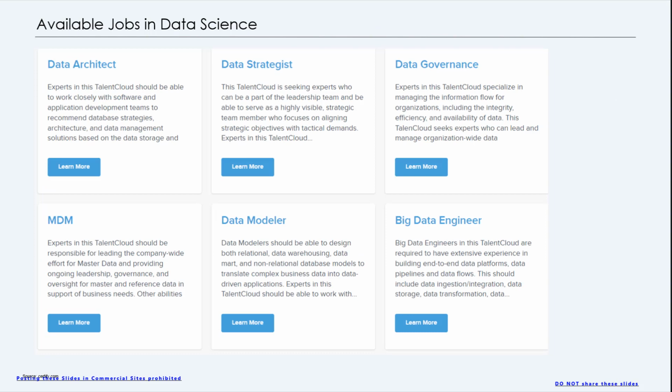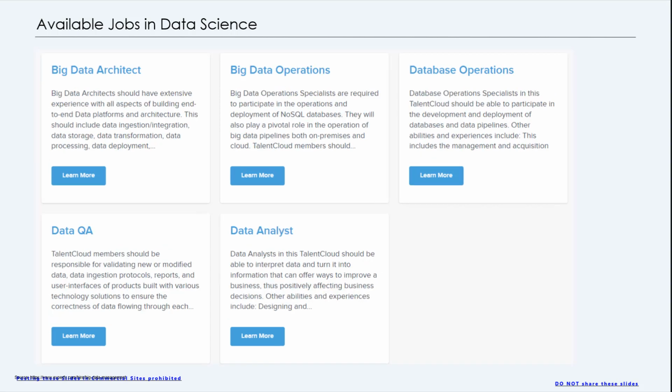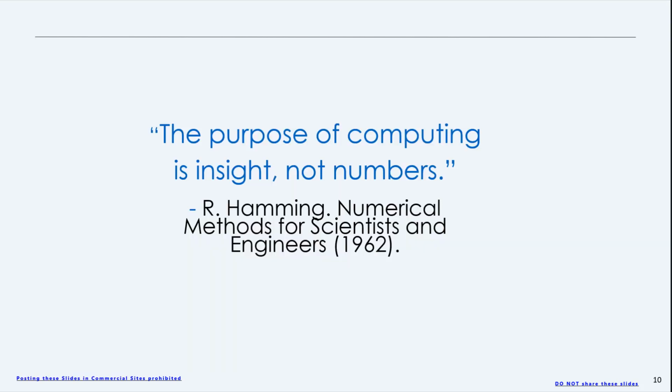So when we talk about data science jobs, there are lots of data science jobs available. Data architect, strategist, governance, data modeler, big data engineers. So these are all very specialized fields of jobs that one can get by understanding data science as a whole. Now more jobs like big data architect, big data operations, database operations, data Q&A, and data analyst.